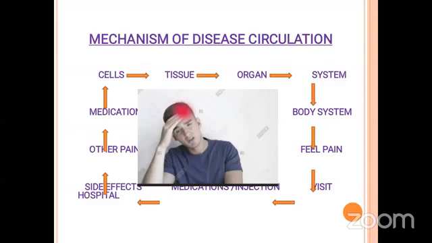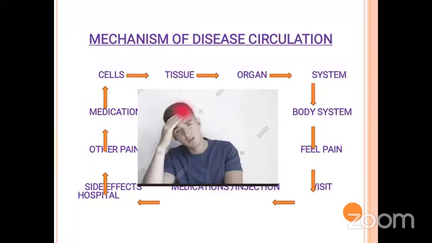Mechanism of disease circulation. How does disease circulate in the body? Disease circulates through the cells, of which we know the cell is the smallest unit of an organism, according to medical scientists.